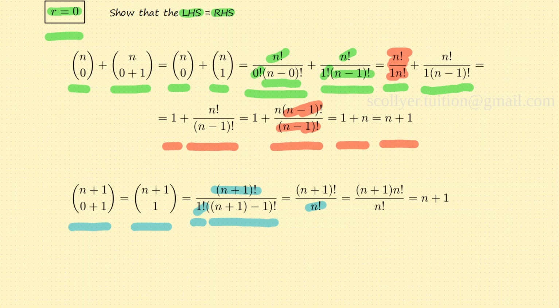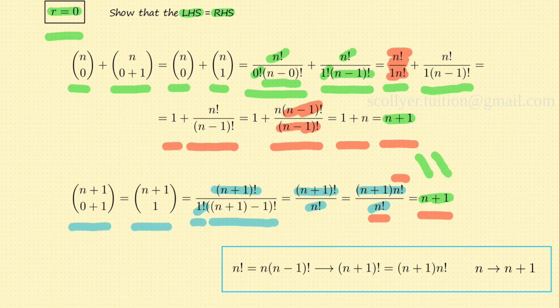We then factorize (n plus 1) factorial as n plus 1 times n factorial. We have n factorial on the bottom, and n factorial and n factorial cancel to leave us n plus 1. And so in the case r equals 0, the left-hand side reduces to n plus 1, the right-hand side reduces to n plus 1, so the left-hand side equals the right-hand side as required. So this relationship is true when r equals 0.